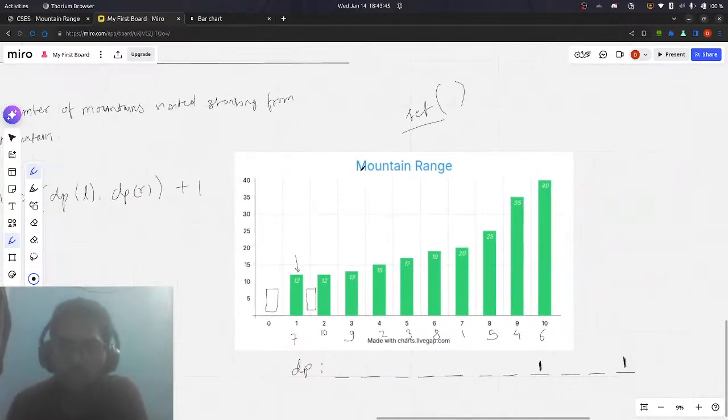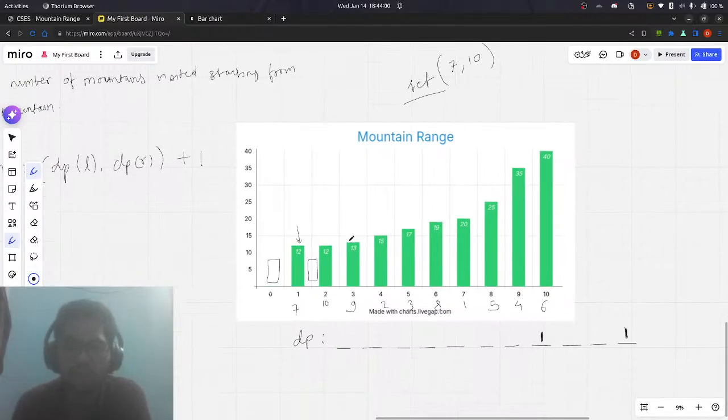Both of these values will be in the set at this time, 7 and 10. Since we are doing it in a sorted manner, whatever is in the set is always less than the current value.